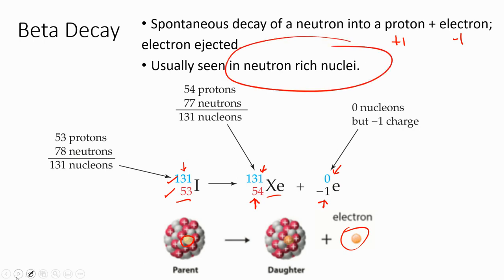Let's take a look at a problem. Let's look at carbon-14, carbon 6,14. Carbon-14 has a total of 6 protons and it has 8 neutrons. What we're saying here is maybe that ratio of 8 to 6 is a little bit too much in favor of the neutrons.